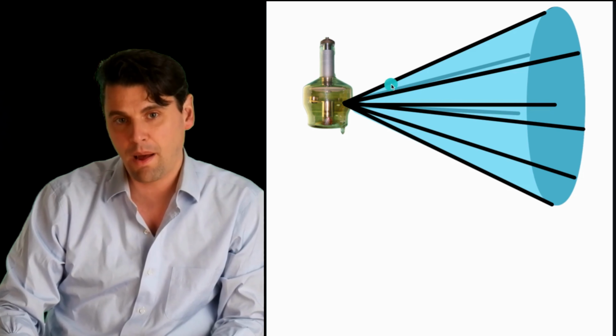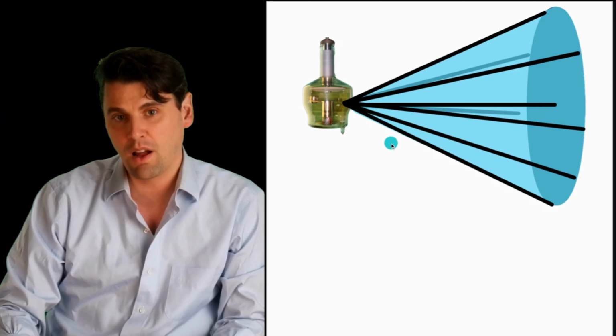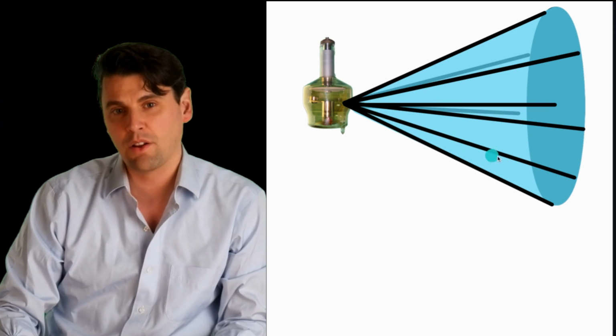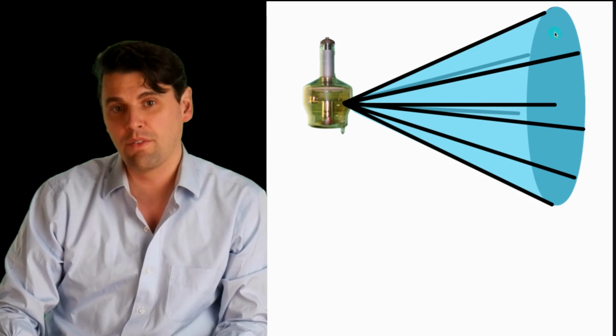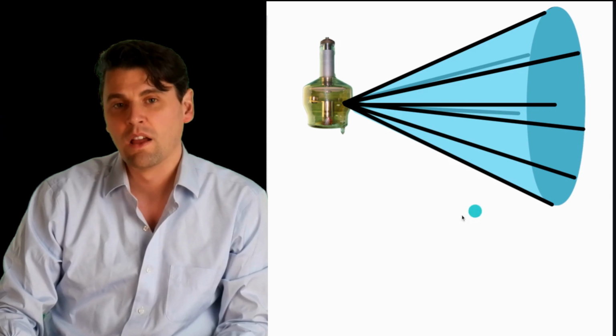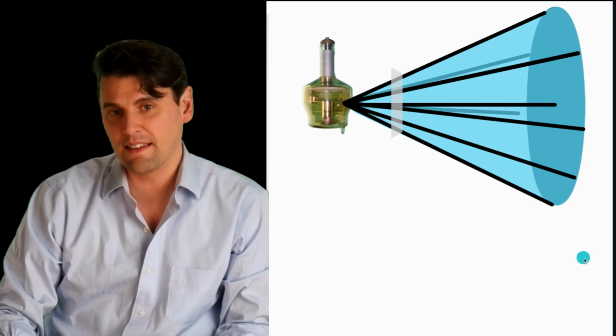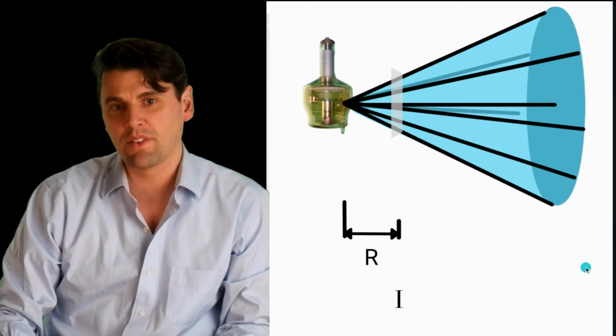If you think about having a plane right here, imagine the X-rays are traveling through vacuum, so you're not losing any due to attenuation. Right here, if you had a plane, or right here, that's actually the same number of X-rays. Imagine we talk about the intensity of X-rays that we're seeing here.